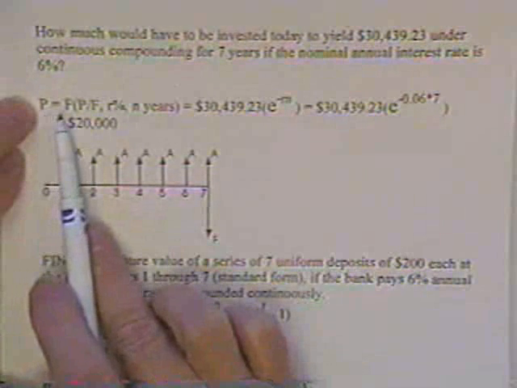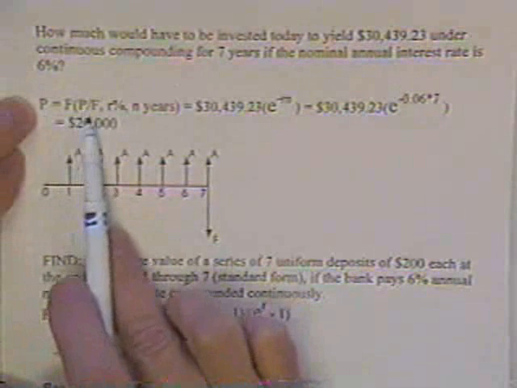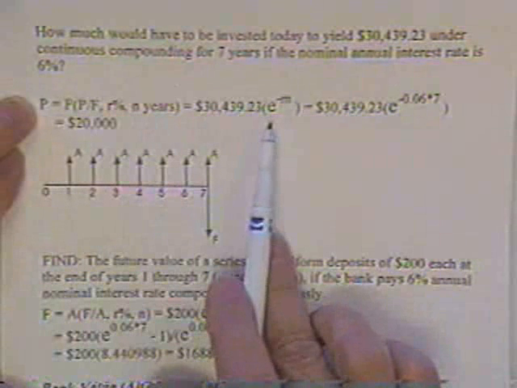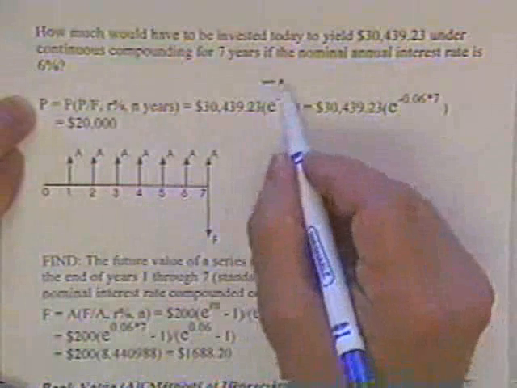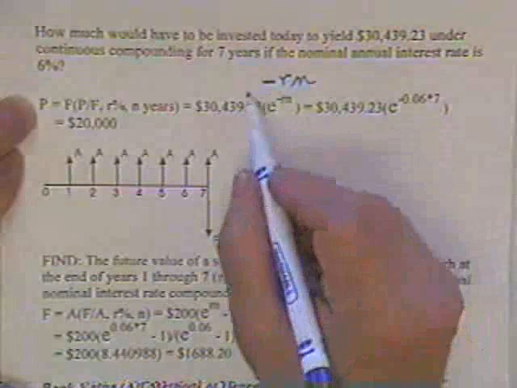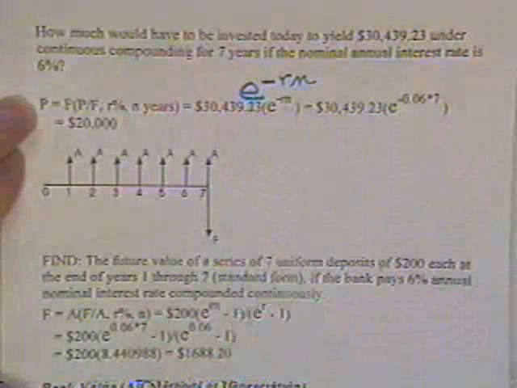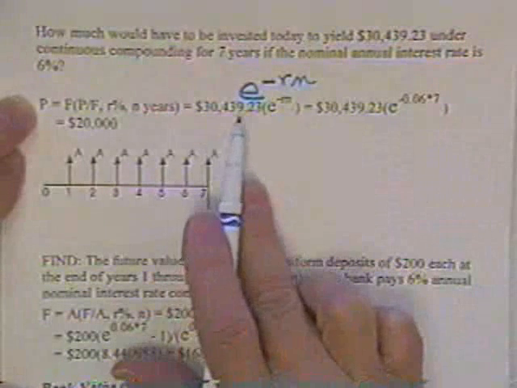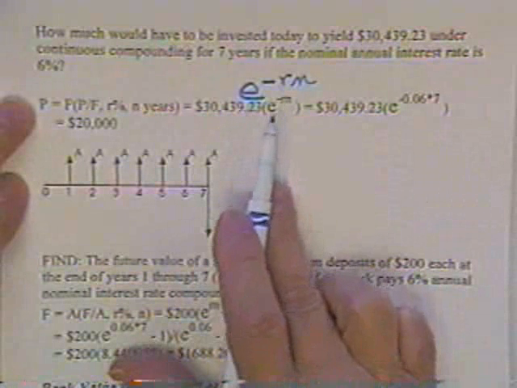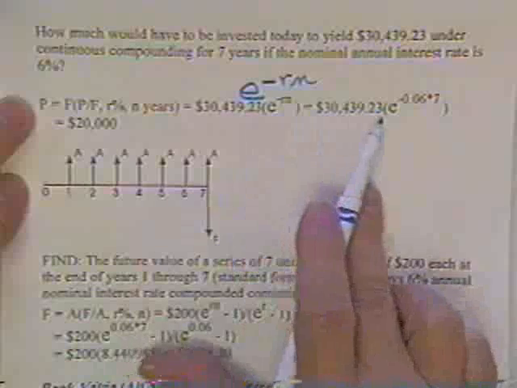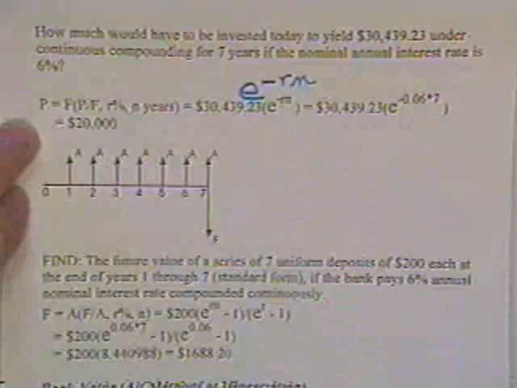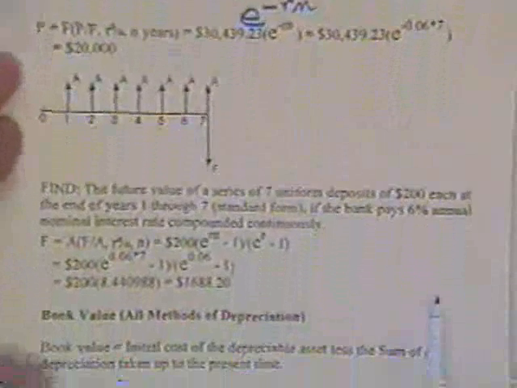The present value is equal to F times P over F, R%, N years. You do it by e to the minus Rn, in case that's a little hard to read. It's $30,439.23 multiplied times e raised to the minus Rn. There's the minus 0.06, there's 7, there's $20,000, and that's as it ought to be.